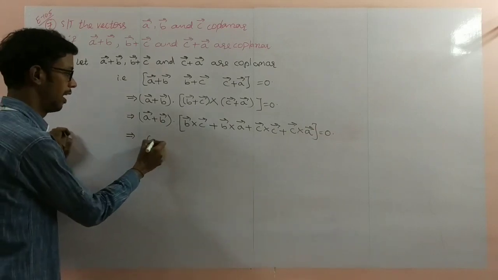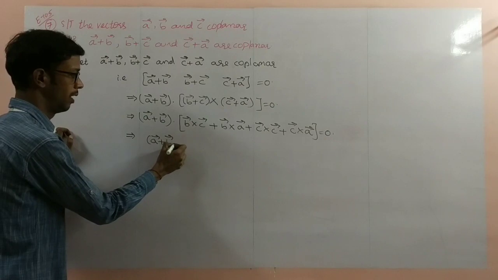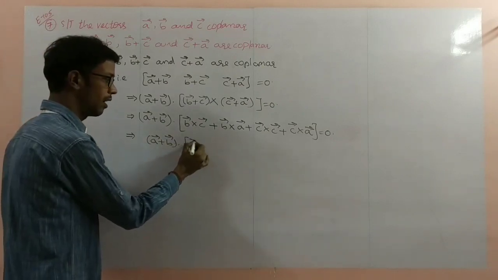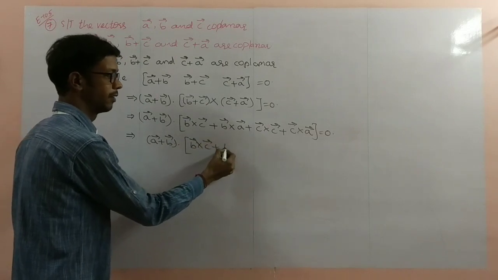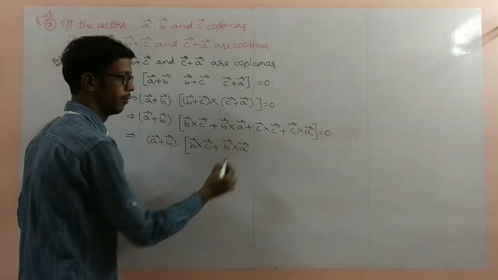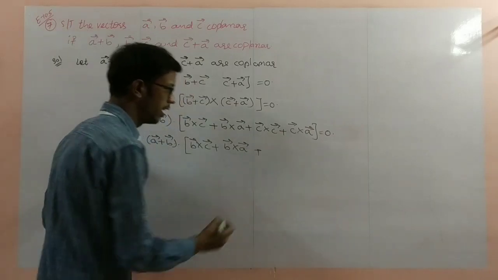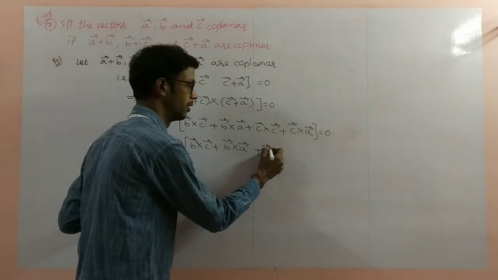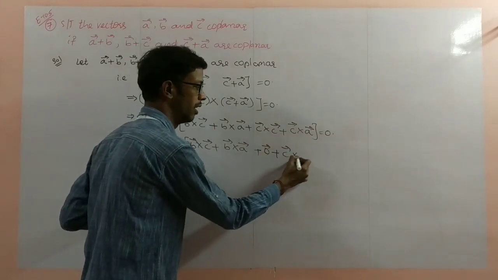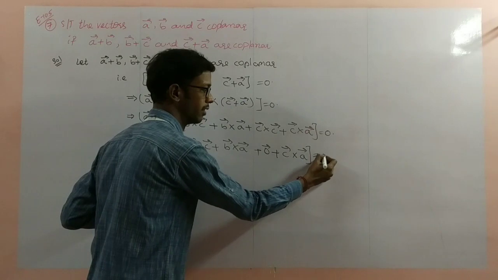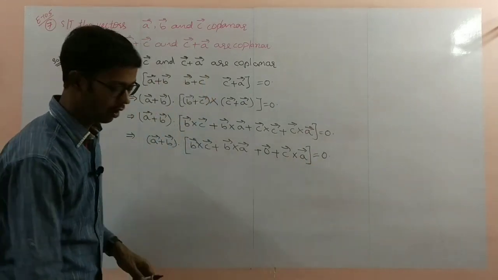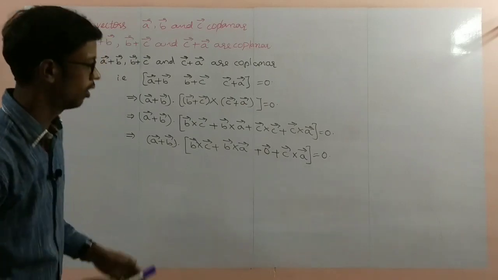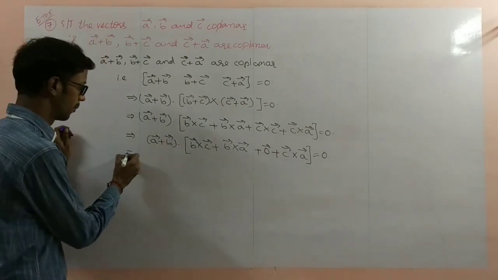This implies A bar plus B bar dot of B bar cross C bar plus B bar cross A bar plus C bar cross C bar. C bar cross C bar is 0 vector, plus C bar cross A bar, equal to 0. So now more simplification. Already we discussed this problem in an example also. The simplification is the same.